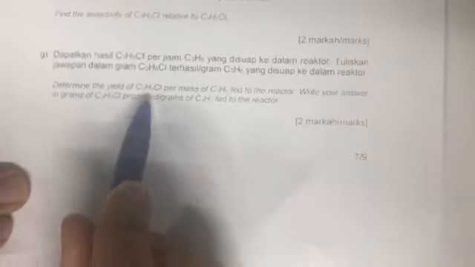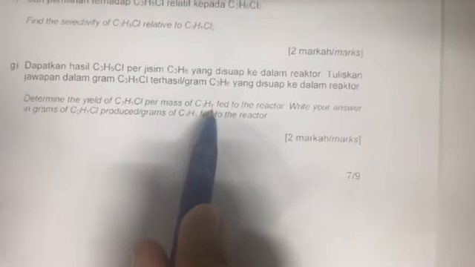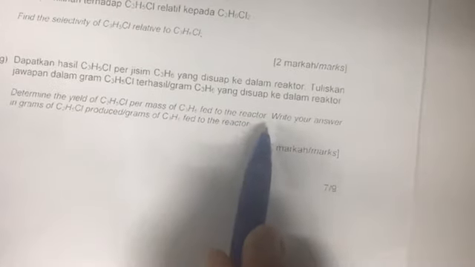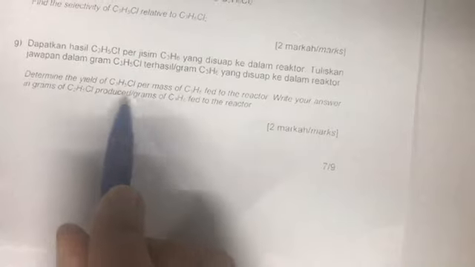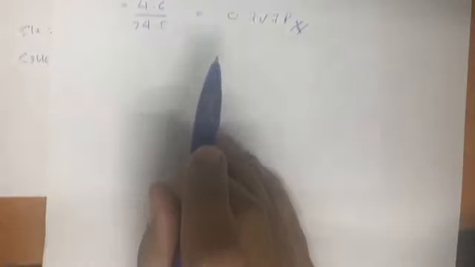Now we come to the last question. Determine the yield of C2H5Cl per mass of C3H6 fed to the reactor. Write your answer in gram of C2H5Cl produced per gram of C3H6 fed to the reactor. In this case, the reactor outlet is given in terms of mole per hour.